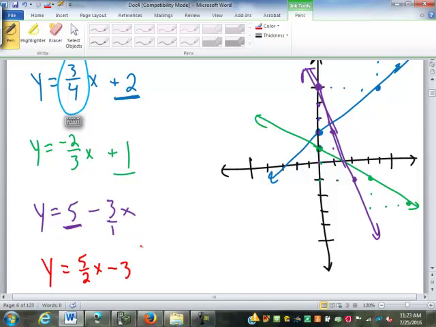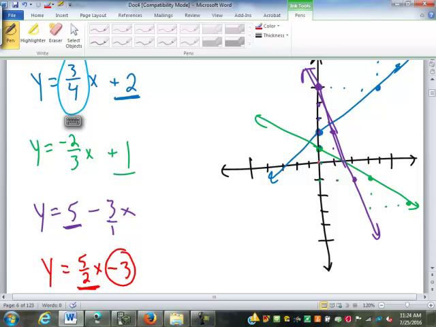Where does this one start? Careful. The negative 3. Remember, it's always easiest to find the slope first. The slope multiplies x. So the 5/2 multiplies x. That's our slope. The other number then is our starting point, our y-intercept.